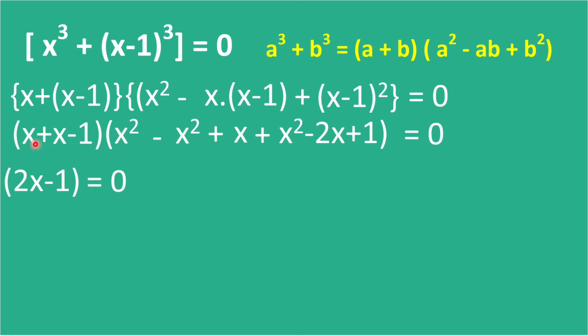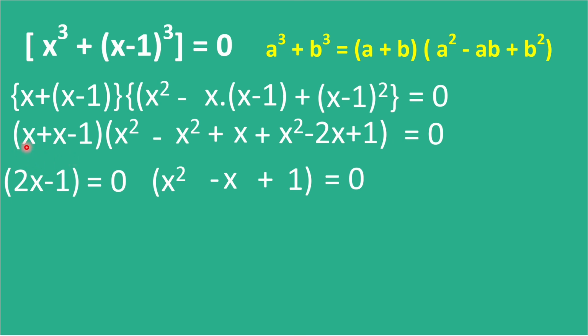So we can also compare this 2x minus 1 with 0, and then this whole value with 0. So therefore we can write this x squared minus x squared will cancel each other. So the only x squared is this one, and then this plus x minus 2x means minus x, and similarly plus 1, which is equal to 0.